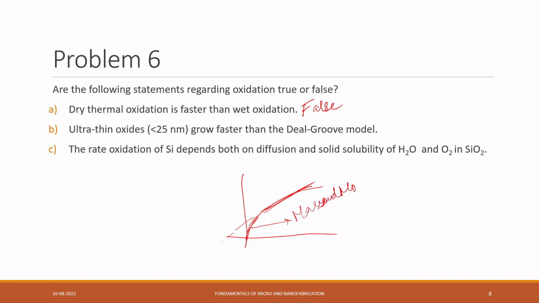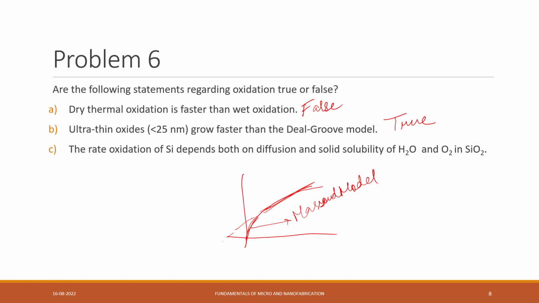With that, we say that it overshoots. So basically, it is a curve like this, overshooting what is given by the Deal Grove model. Here it is a parabolic, exponential kind of growth, while this is a linear kind of growth. So yes, this is true. With the Deal Grove model, we can't define that, so we have another model called the Masood model.